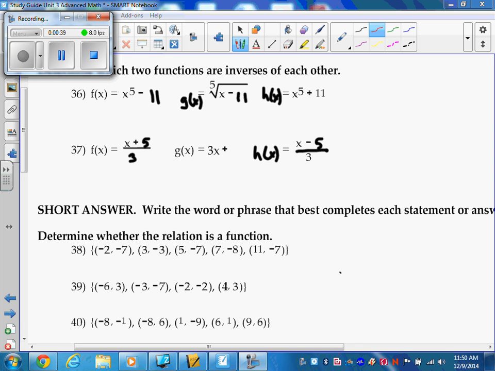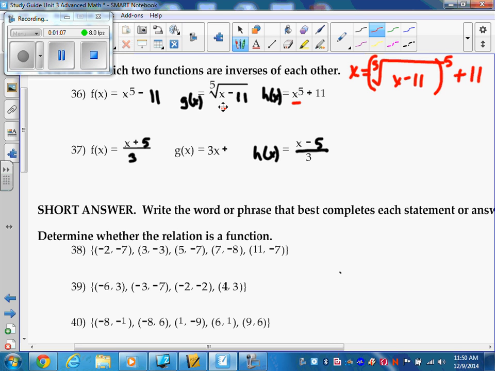I'm going to test that by plugging in h for x in g. When I simplify this, I should get x. Here's what happens. I have the fifth root of x minus 11, and I'm plugging that in for x in g. So I'm raising this to the fifth power plus 11.